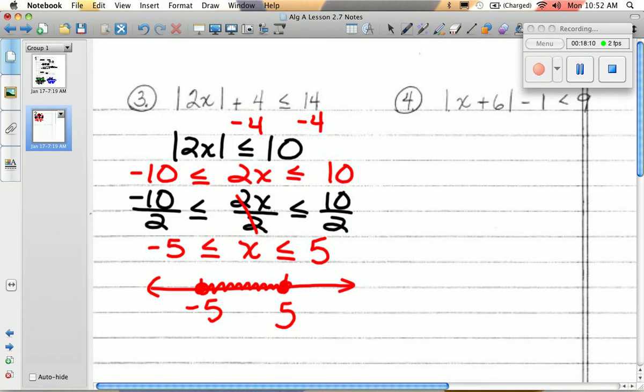Okay? So what are we going to do first in number 4? Add 1. In other words, we got to get the absolute value inequality part by itself. So the absolute value is still there. All we've done is get it alone. So what would be our next step now?